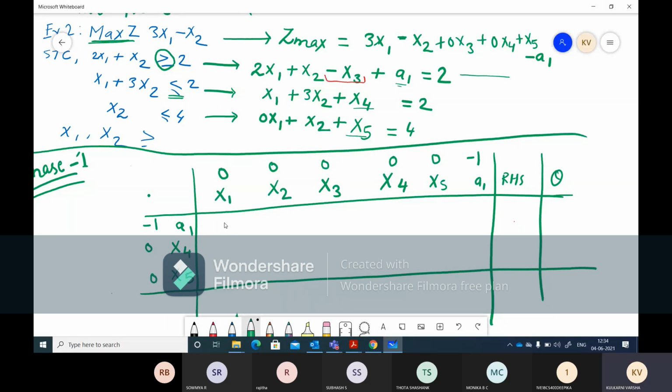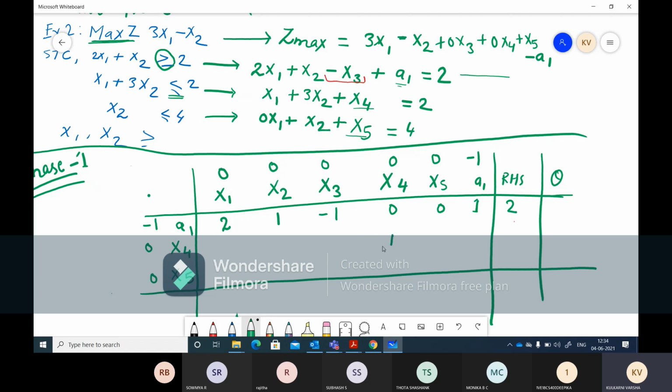Right? So from the first equation: 2, 1, -1, 2, 1, -1, 0, 0. There is no x4 and x5, so 0, 0, 1. RHS is 2. For the second equation, 1, 3, x4 is there, so 1.